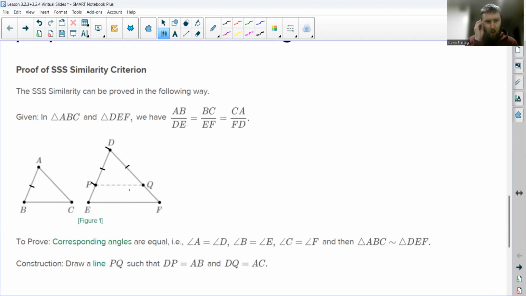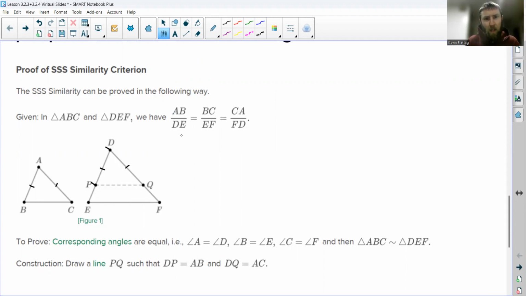So we draw that line, so that this is the same as this is the same as this, right? Now, what I want to convince you of is that the line I drew has to be parallel to EF, based on what I just did before we took a little break.